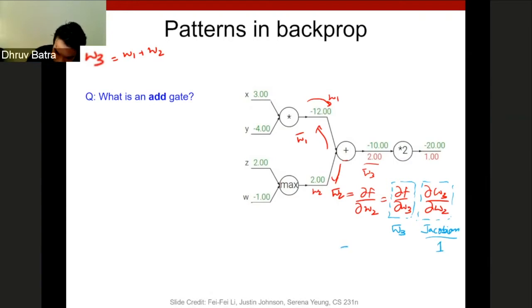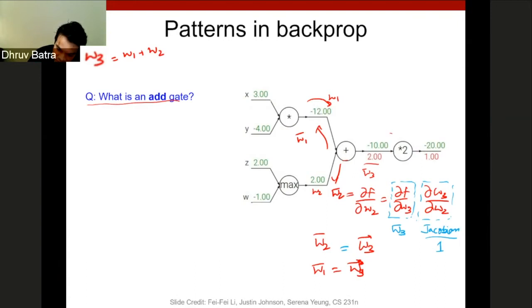So w2 bar is equal to w3 bar. And you can do the same analysis for w1 bar as well, that it's equal to w3 bar. And so this right here gives you an intuition of what's going on.